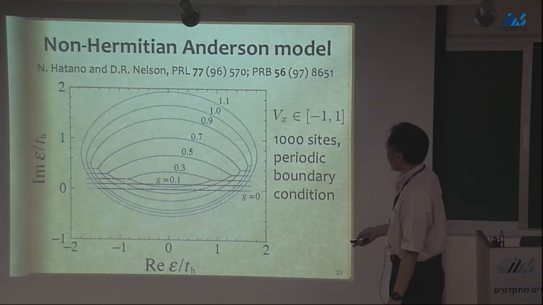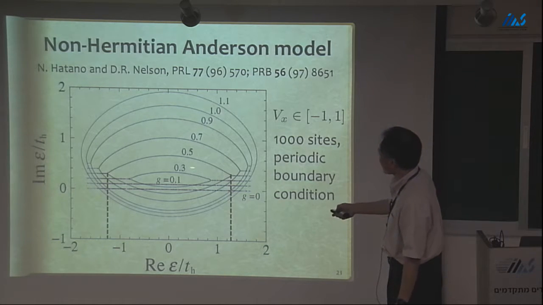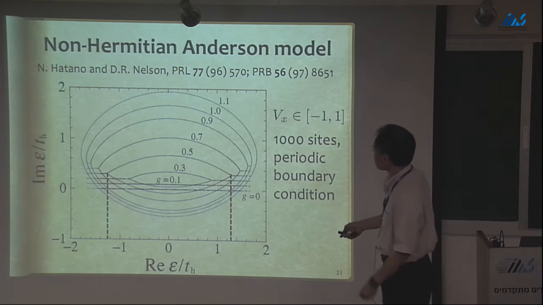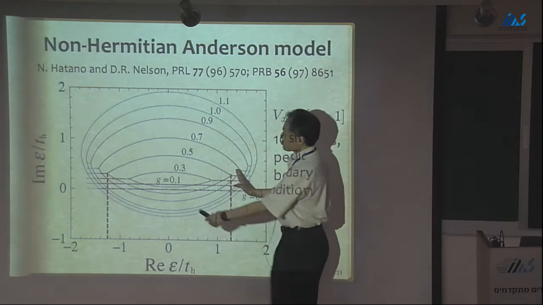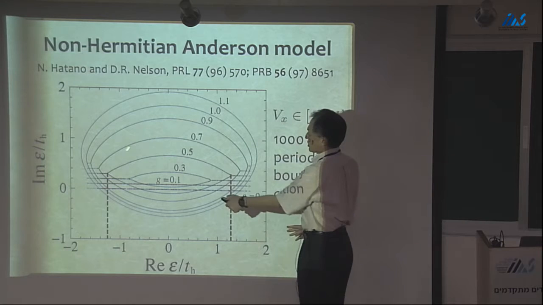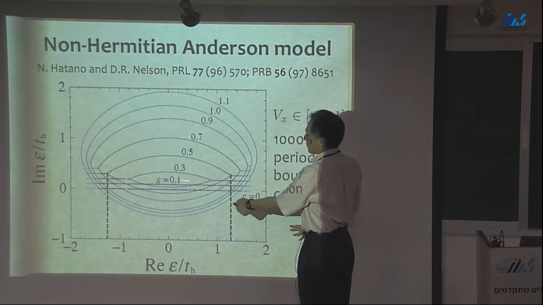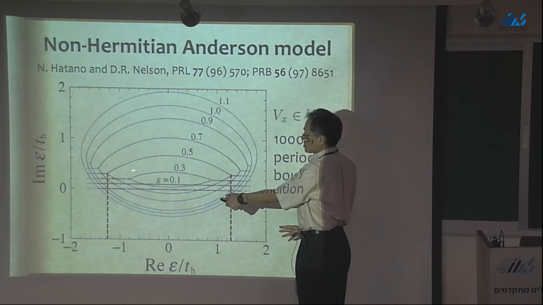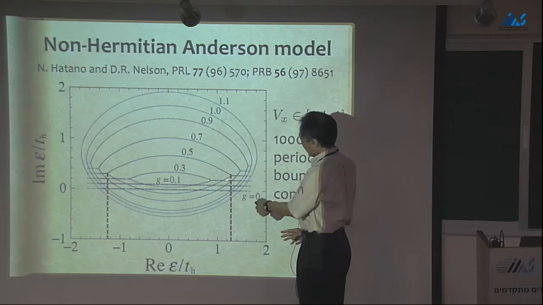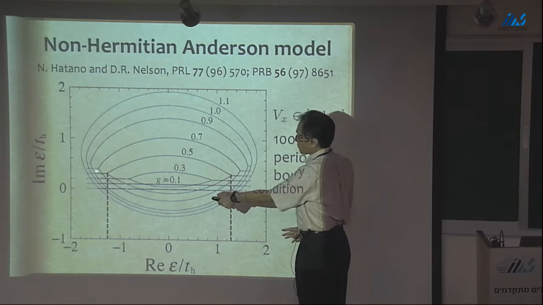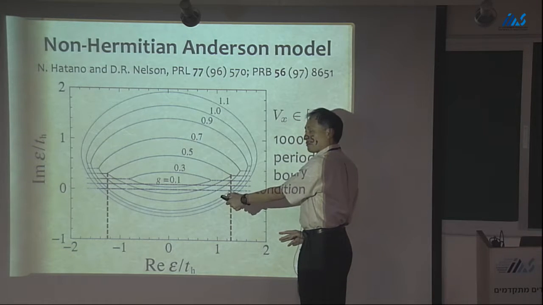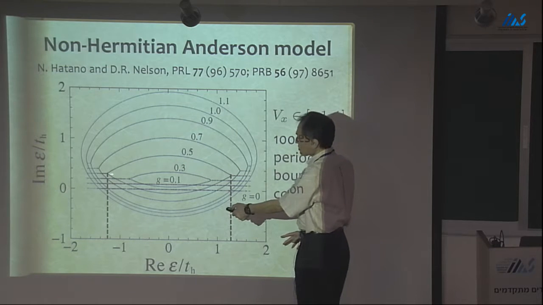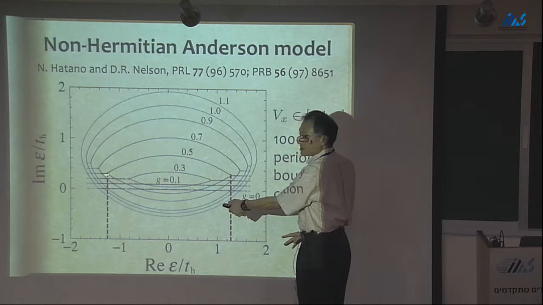For example, for g equals 0.5, in this range we have the condition g is greater than kappa, and in this range we have the condition g is smaller than kappa, right? Which means that here, g is exactly the same as kappa.